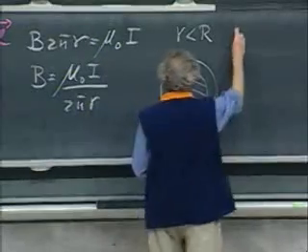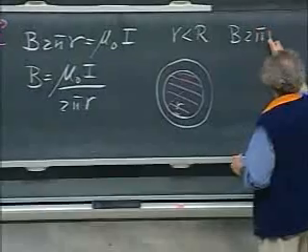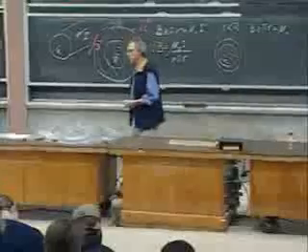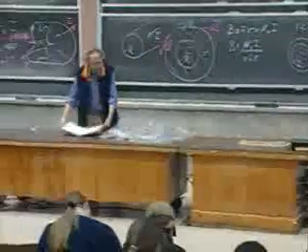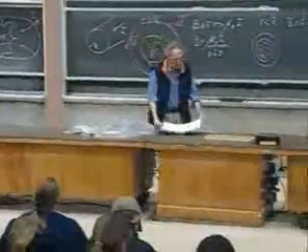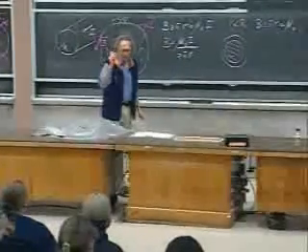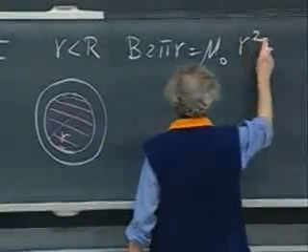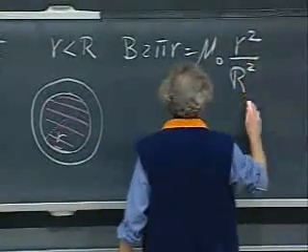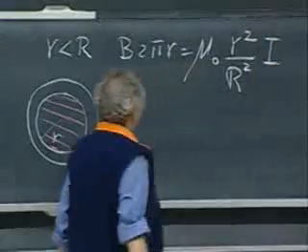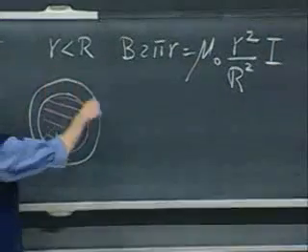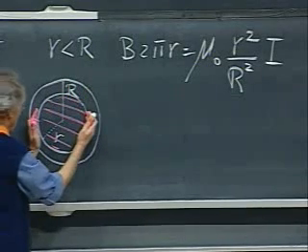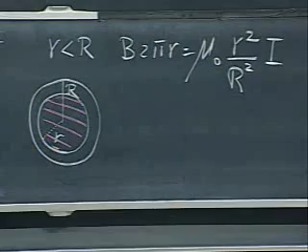And so here I go, B times 2 pi little r equals mu 0 times, now I have to be careful. Because now not the full current I is penetrating my surface, but only a fraction. And the fraction that penetrates the surface is little r squared divided by capital R squared times I. You see, because the total current comes through the radius capital R, but I only have a circle with radius little r.